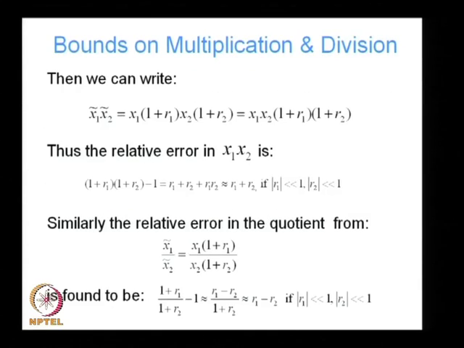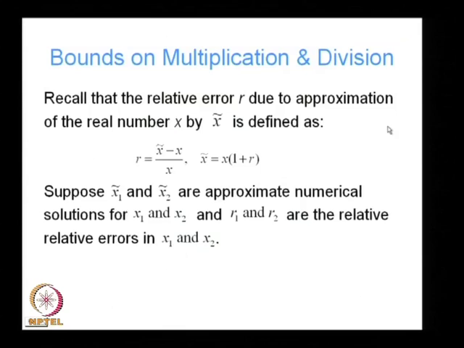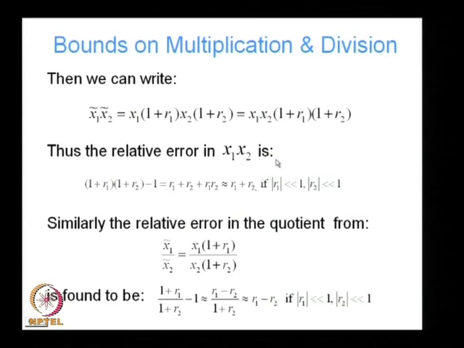In that case, we can write the product x1 tilde times x2 tilde as x1 times 1 plus R1, since x tilde is equal to x times 1 plus R, times x2 tilde, which is x2 times 1 plus R2. Gathering terms, we can write x1 times x2 times 1 plus R1 into 1 plus R2.